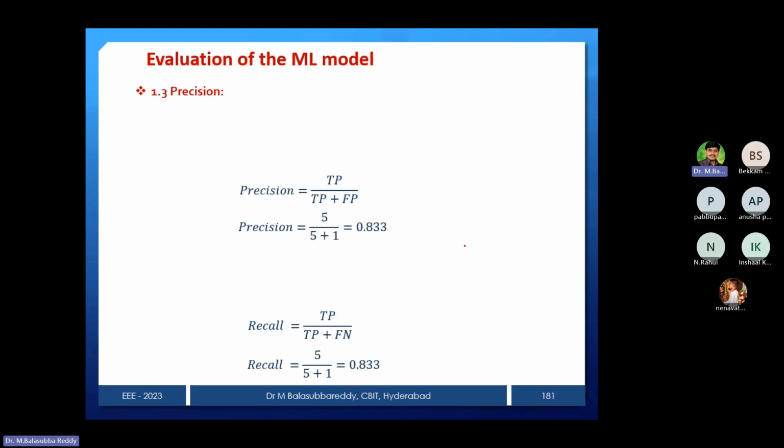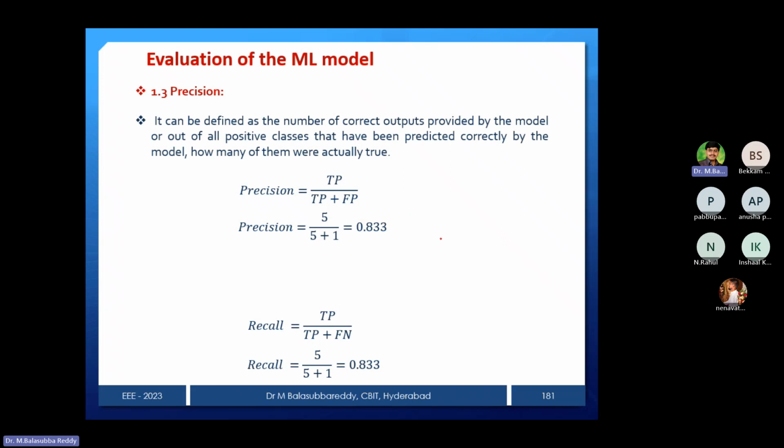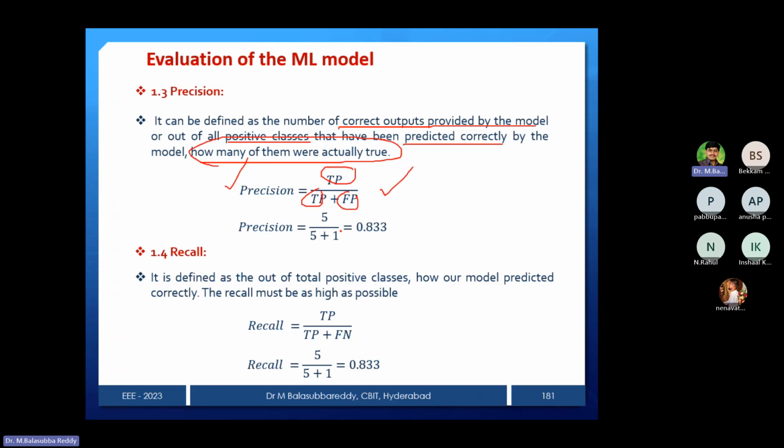And the other one, precision. It is the number of correct outputs provided by the model, or out of all positive classes, how many have been predicted correctly by the model. How many of them were actually true? That is precision. So true positive divided by true positive plus false positive gives the precision. Or you can say recall.